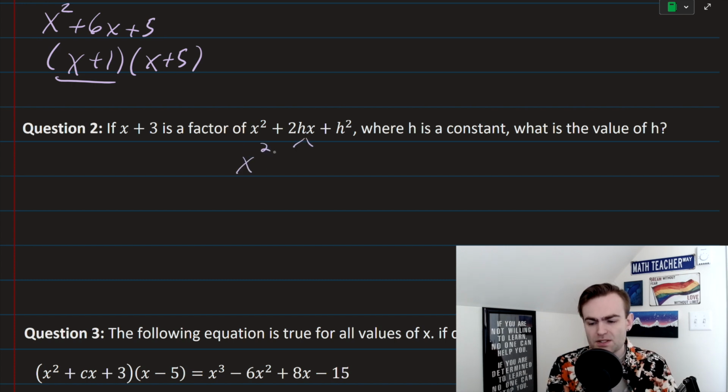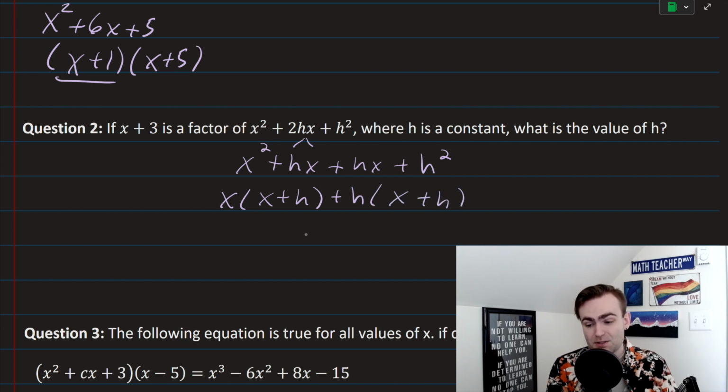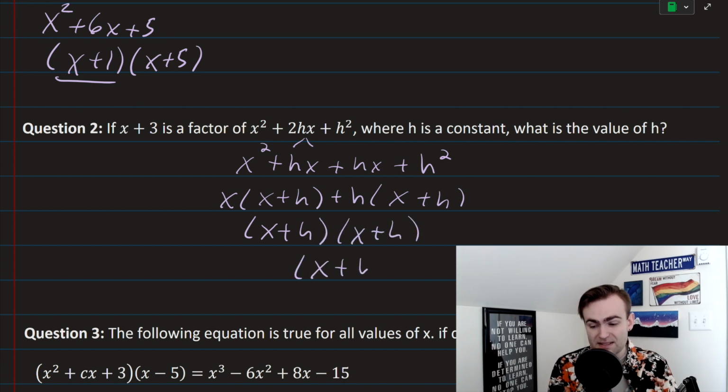So if I go x squared plus hx plus hx plus h squared, I can factor this to get x plus h times x plus h, or x plus h squared.